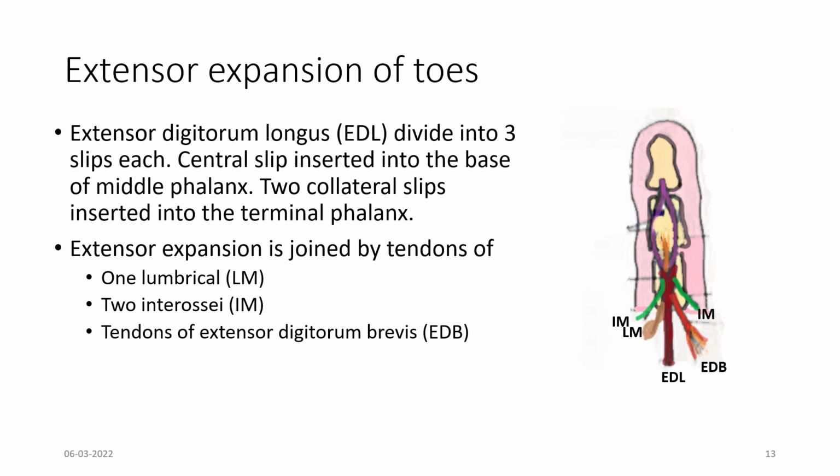This extensor expansion is joined by the tendons of one lumbrical muscle and two interossei muscles and the tendon of extensor digitorum brevis. So, all these contribute to the extensor expansion of the toes.